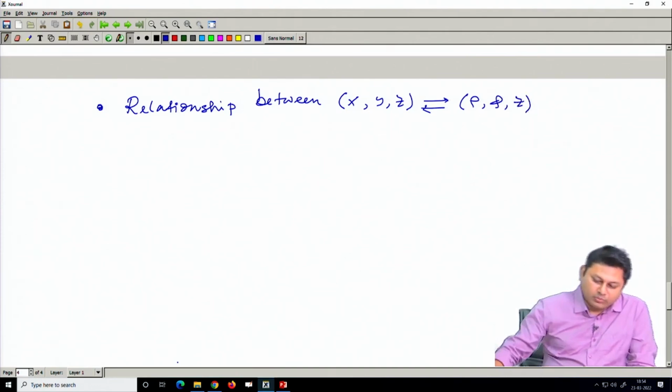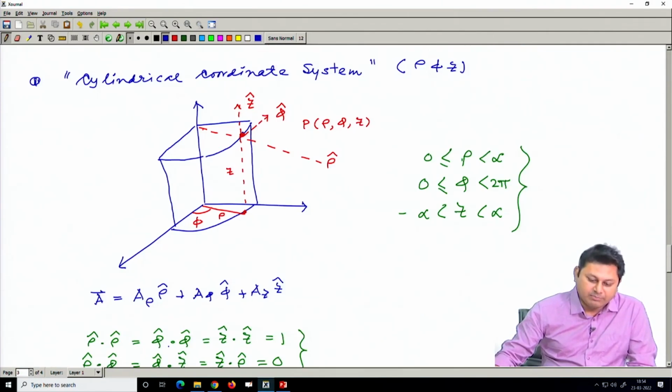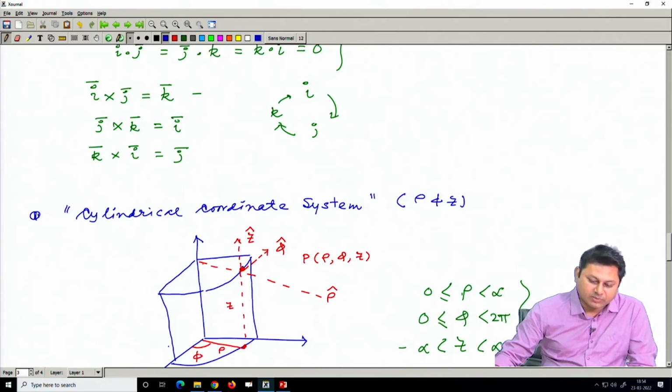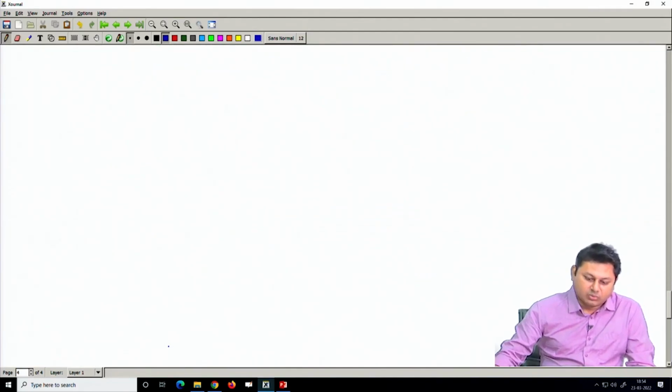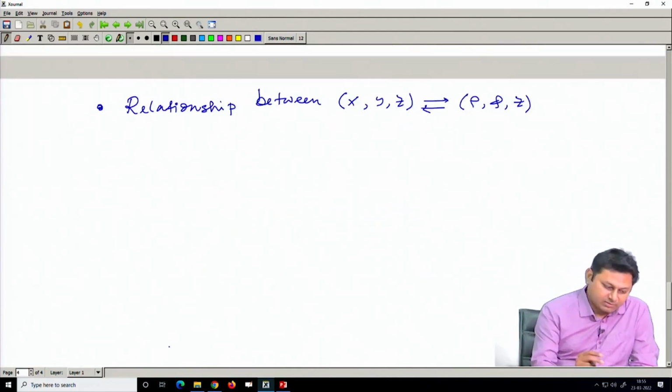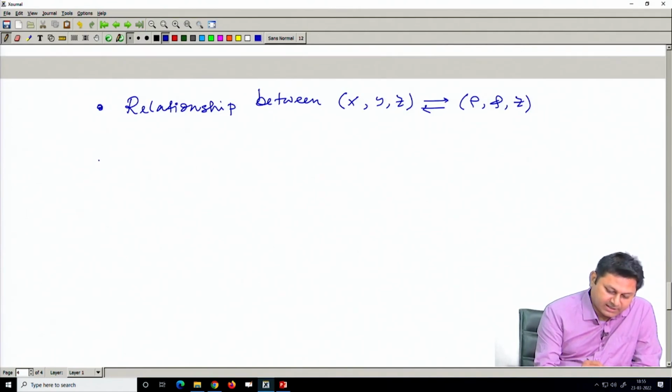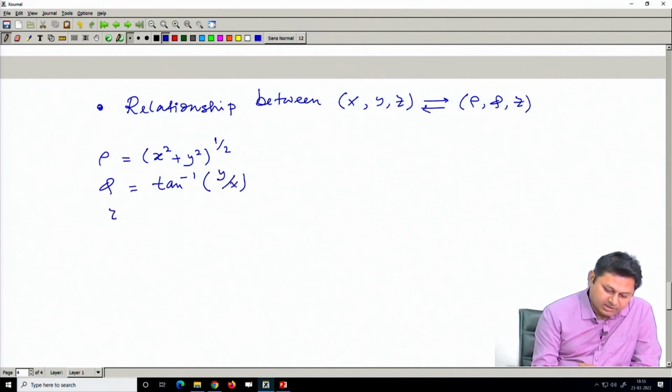Most of the students, I believe, are aware that x, y, z can be related to rho phi z with a relationship, and the relationship I am writing here. So, rho is equal to x square plus y square whole to the power half. Phi is tan inverse of y by x and z is z.